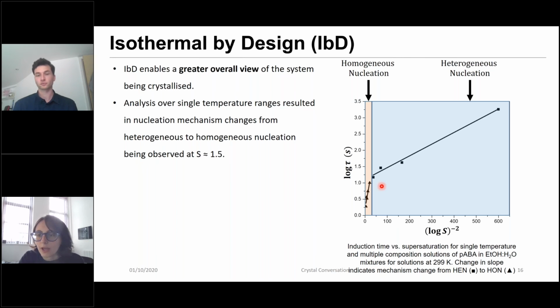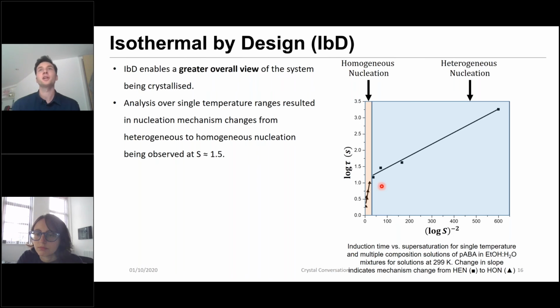Thank you both. Jason from Bristol is asking, how much difference does using a different anti-solvent make if you keep the supersaturation consistent?